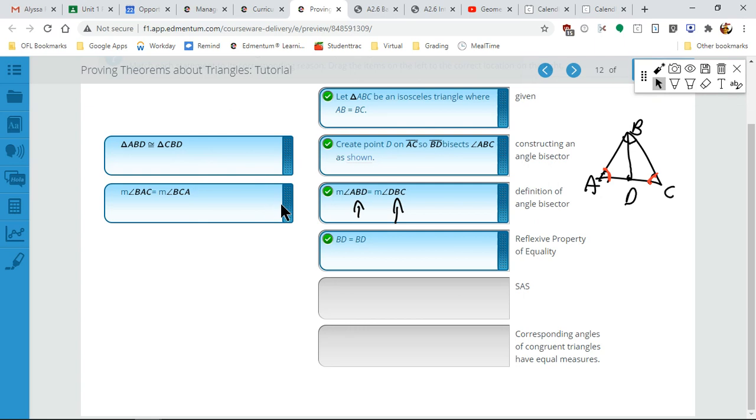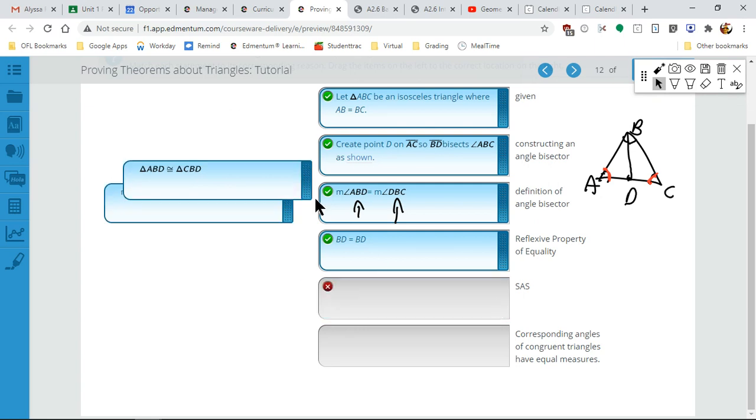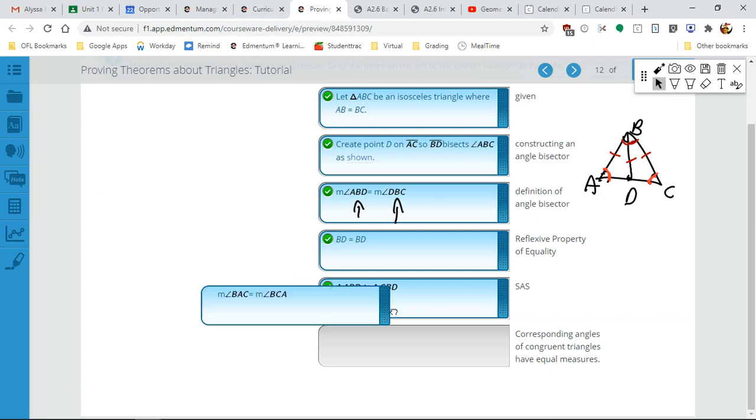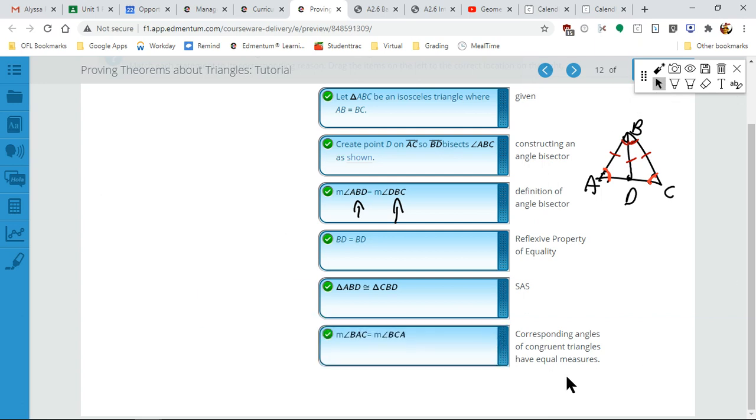So we're going to say that we know that these two triangles are the same because of side, angle, side. So because we know that those are the same, we're going to say that these are the same. Why?